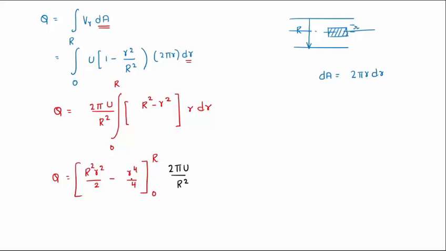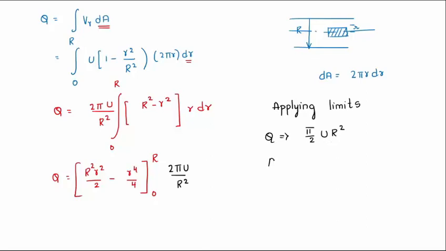On upper limit minus lower limit, by applying the limits, you will be getting Q is equal to pi by 2 U R square.